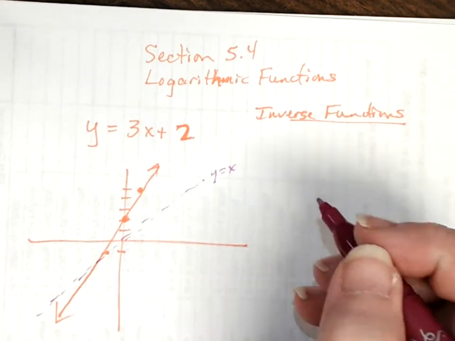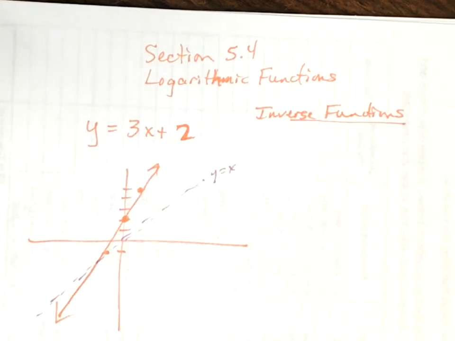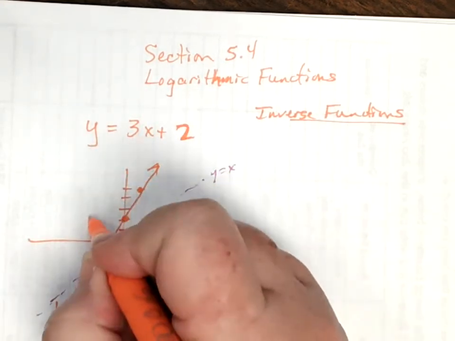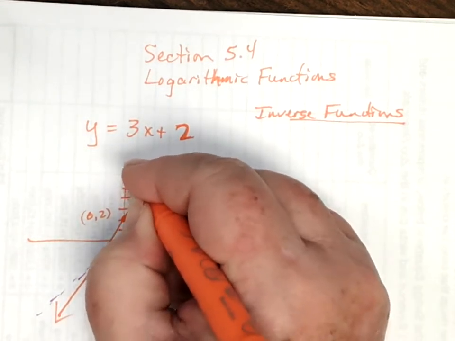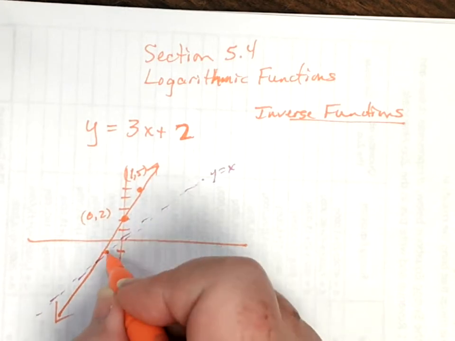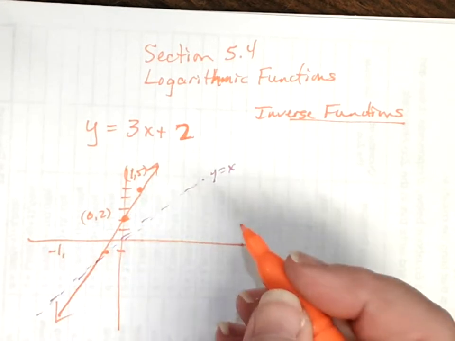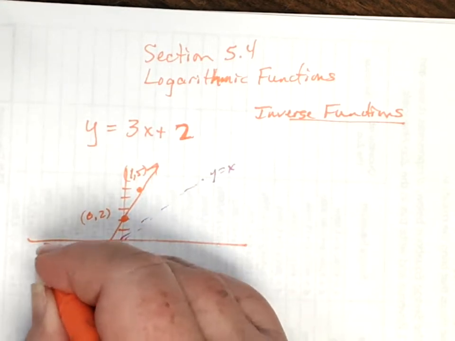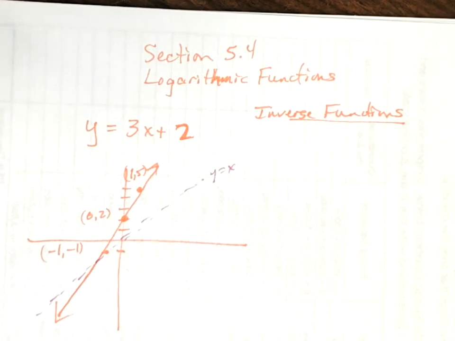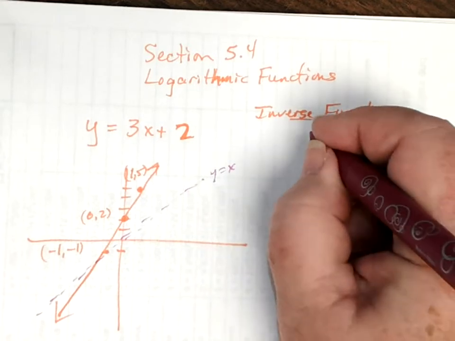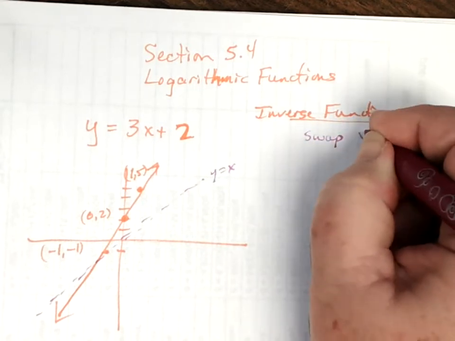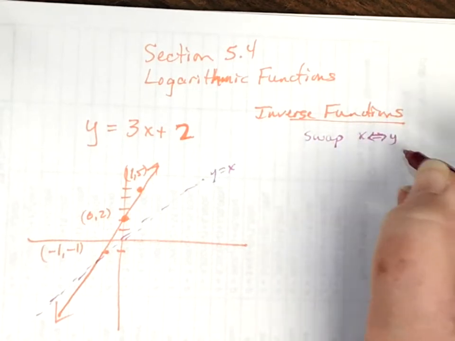Now that could be kind of hard to graph, except I know this point right here is 0, 2. I know this point right here is 1, 5. And this point right here is negative 1, negative 1. Do you remember that by swapping the x and y, we just switch places?